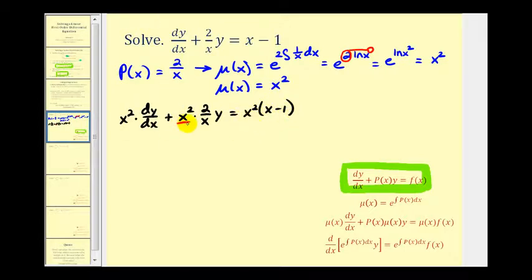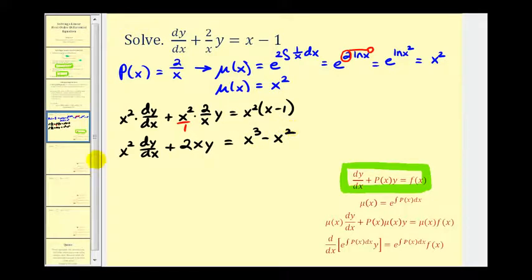This would be over 1. So here we'll have 1 factor of x simplify out. So we'd have x squared dy dx plus, this would now just be 2xy equals, let's go ahead and distribute here, we'd have x cubed minus x squared.